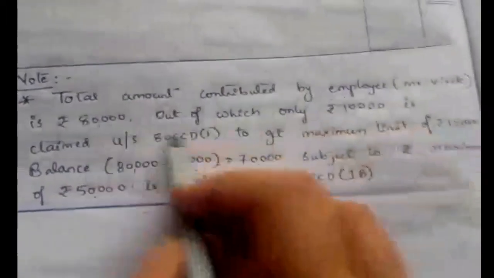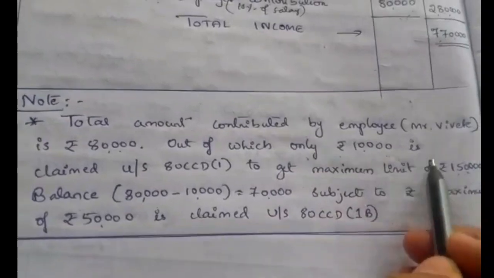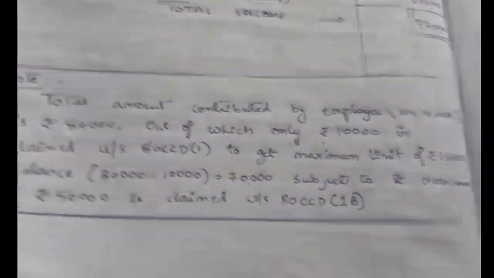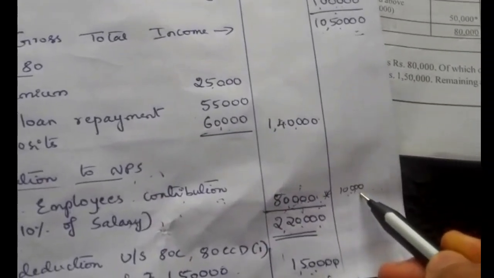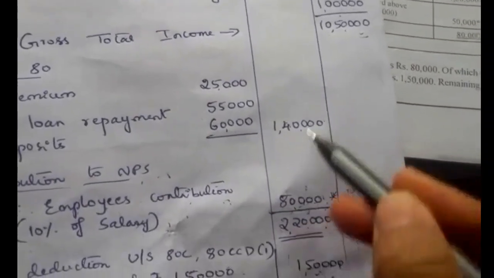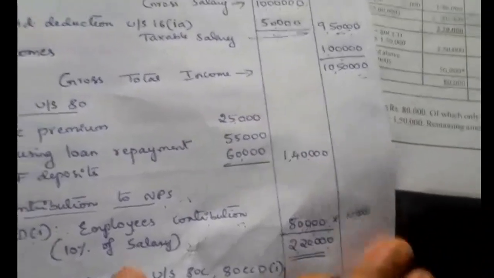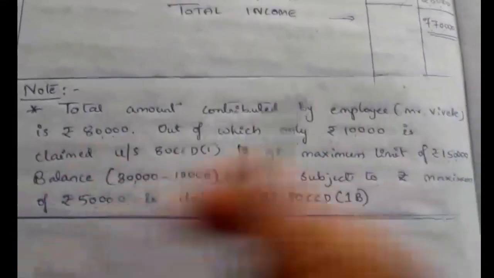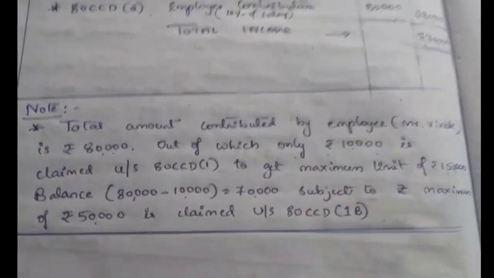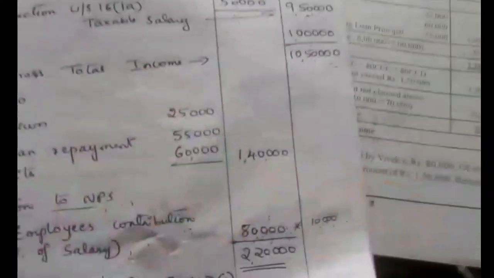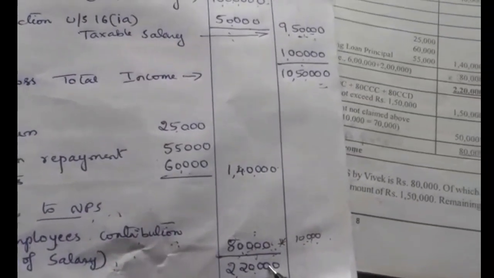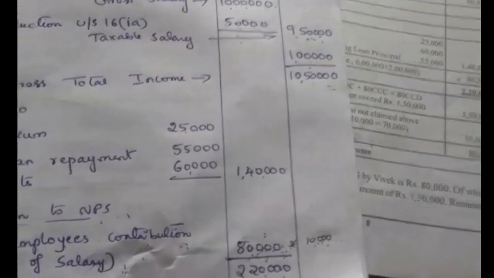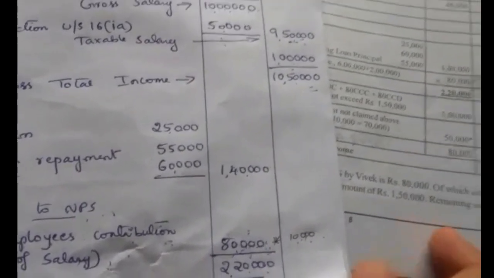Out of this, only 10,000 is claimed under section 80CCD(1), because in order to get the maximum, 1,40,000 plus 10,000 equals 1,50,000. Or, like the previous problem, we can calculate the extra: 2,20,000 minus 1,50,000, we get an extra value of 70,000.